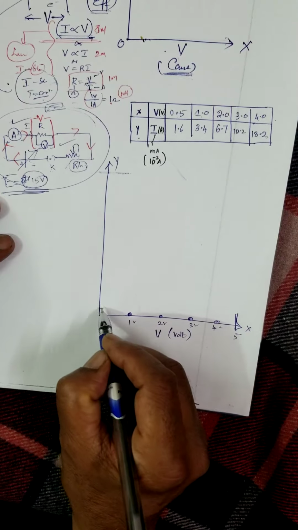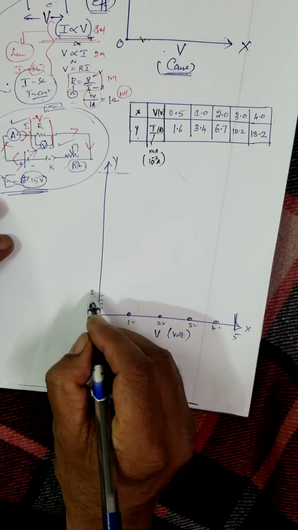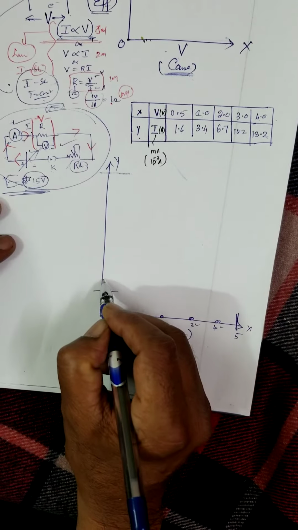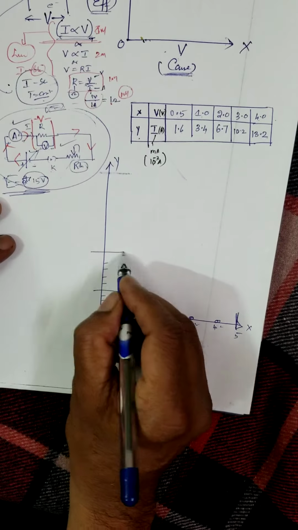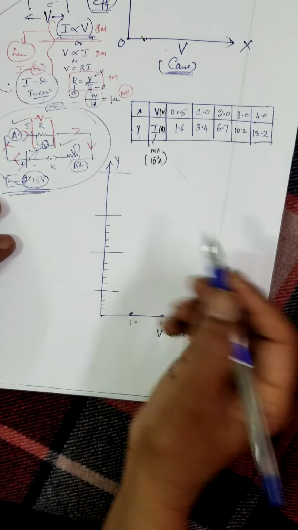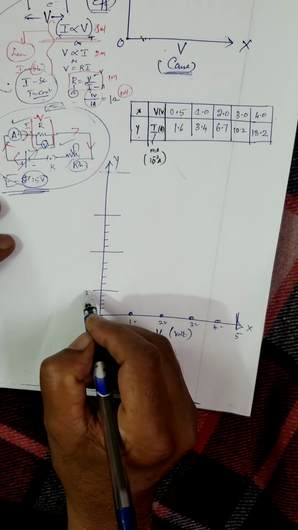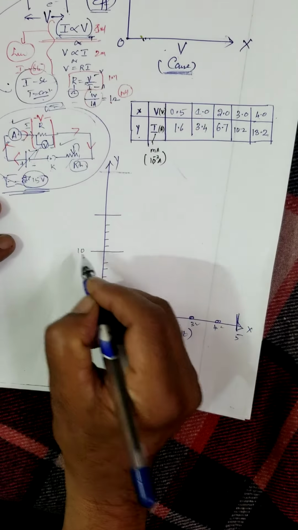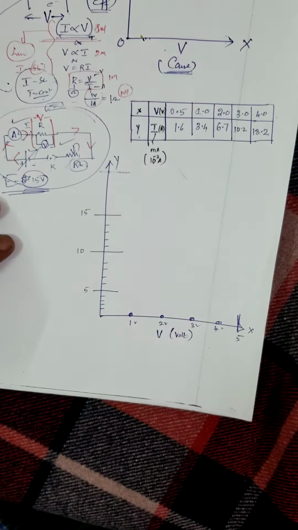Therefore 1, 2, 3, 4, 5, that is 5, 10, 15.